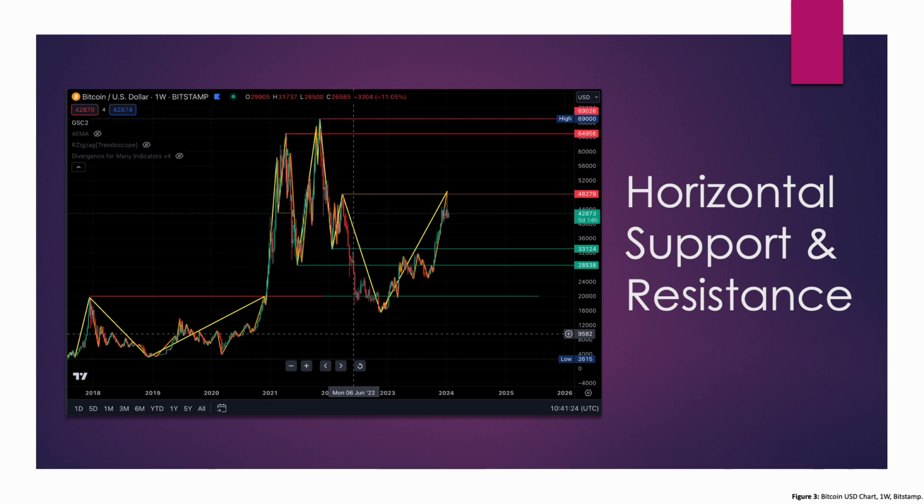Next up is horizontal support and resistance. Horizontal support and resistance levels are determined solely based on the price axis. The principle behind these levels is that specific price points attract the interest of buyers or sellers more than others.